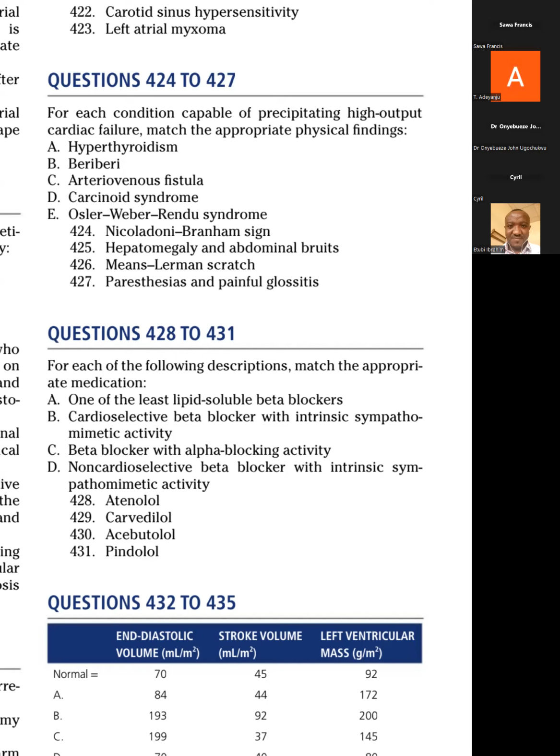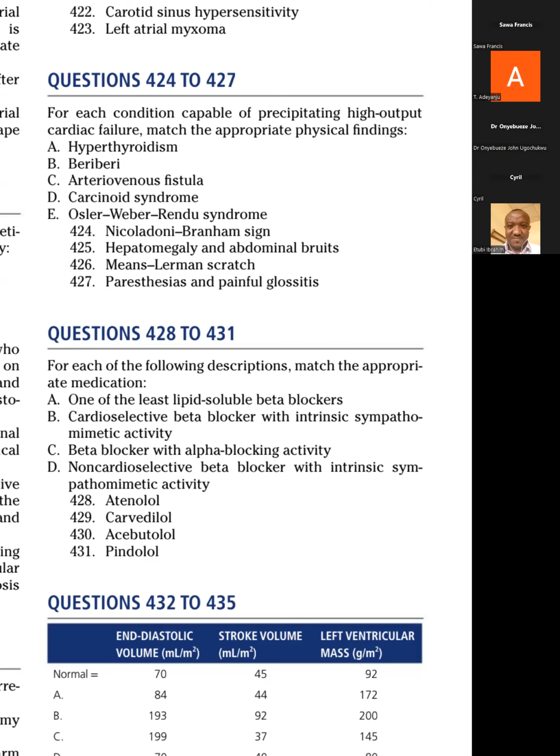Of course, it's a hyperkinetic disease and is also associated with an abdominal bruit. So if we now know that this condition goes with hepatomegaly, abdominal bruit, and intrahepatic AV connections, then Osler-Weber-Rendu syndrome is the appropriate answer, which is E, for 425. So 424 is C, and 425 here is E, Osler-Weber-Rendu syndrome.